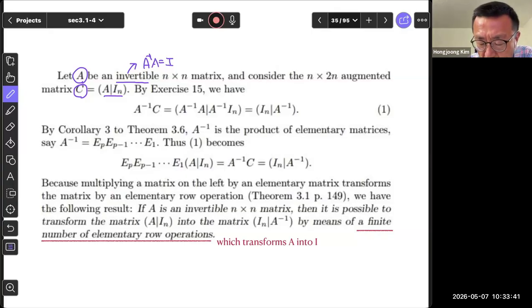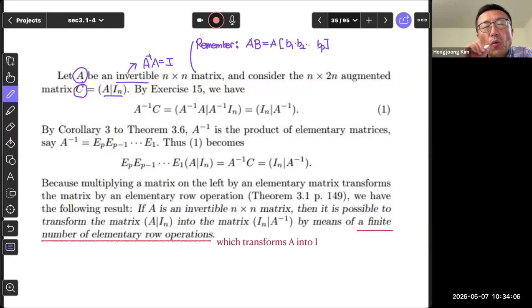Now, please remember that when I multiply two matrices A and B, and B consists of columns B1, B2, up to BP, then A is multiplied to each column.